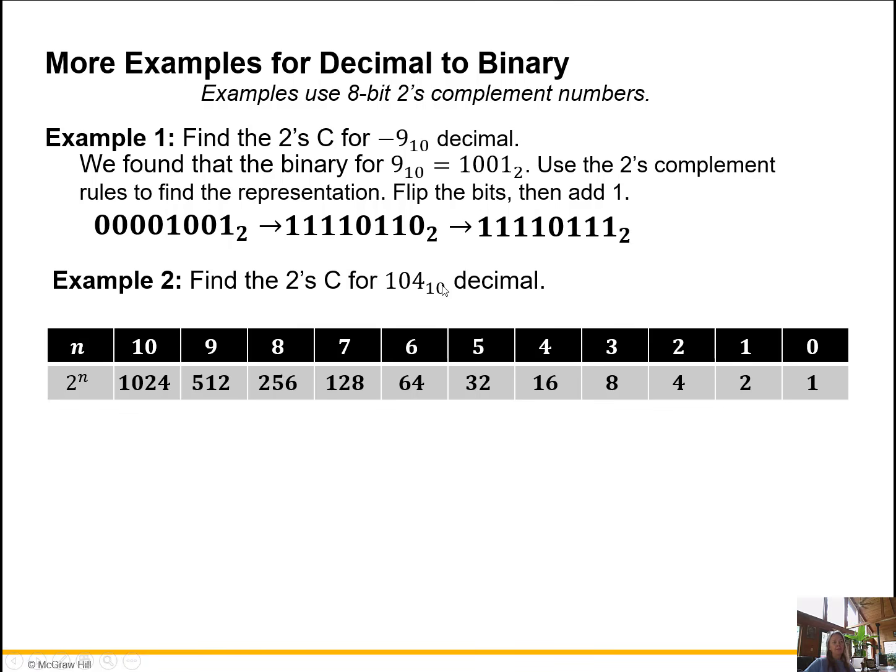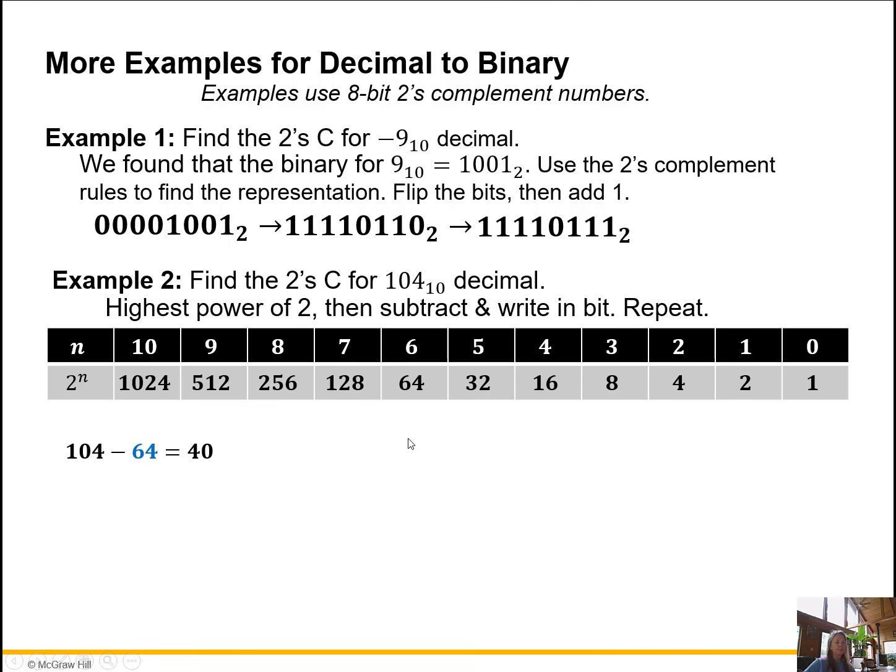Let's find the 2's complement for 104 as a decimal. Highest power of 2 and subtract, so here we go. 104. I see that 64 will go into it, so I know I'm going to have one of those. So I'll do 104 minus 64. I have 40 left. I have one of those that I've taken care of. Oh, I've got a 32.